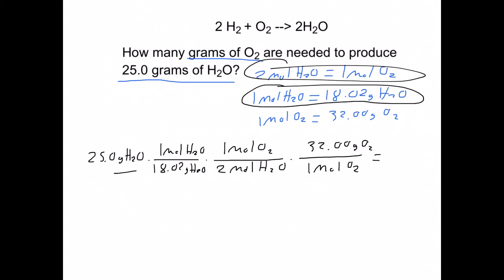So if you go through and do the calculation for that, 25.0 is going to be multiplied by the 32 divided by the 18.02 and divided by the 2. If you plug those numbers into your calculator, you end up getting 22.2 grams of O2. That's 3 sig figs matching your initial number.